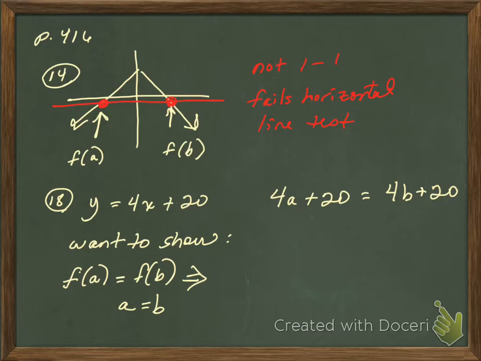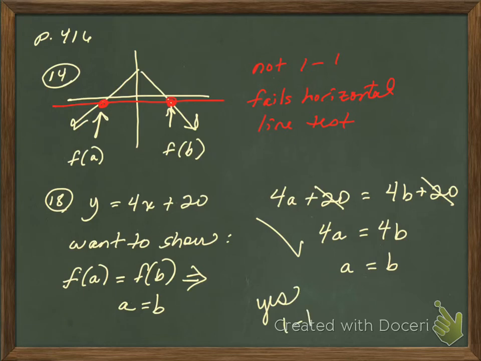Solving that, I'm left with 4A equals 4B. Divide both sides by 4, so A is B. So I have shown it, and the answer is yes, this is a one-to-one function.